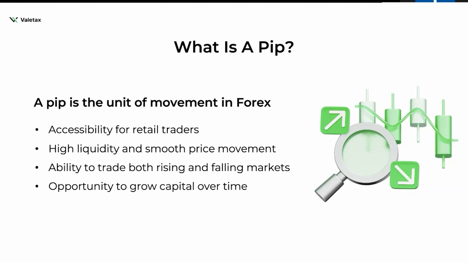So, how does a pip become important to a trader? First of all, it is accessibility for retail traders, meaning it's the one way retail traders can actually benefit from the market. High liquidity and smooth price movement means prices change relatively fast without extensively changing the whole pricing of that currency pair, meaning we are not jumping from 1.35 to 1.33 in seconds.